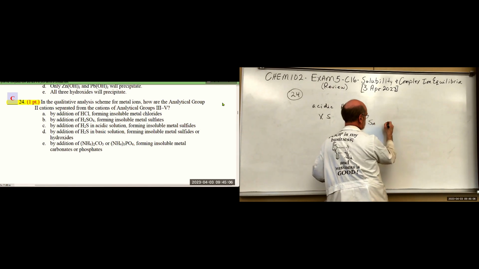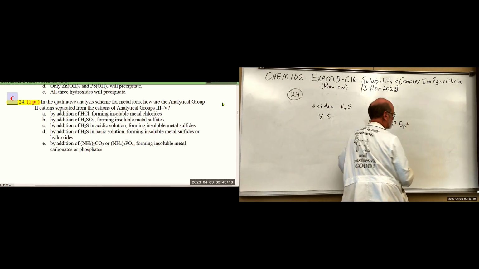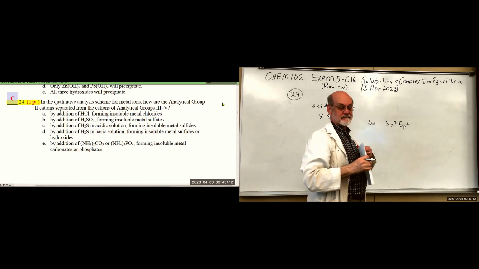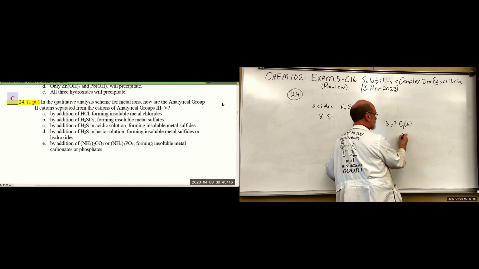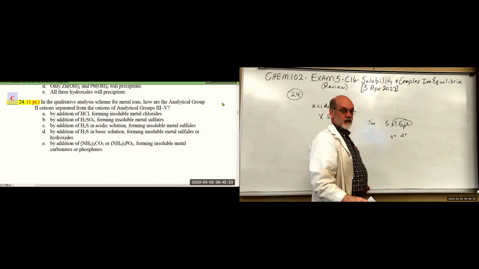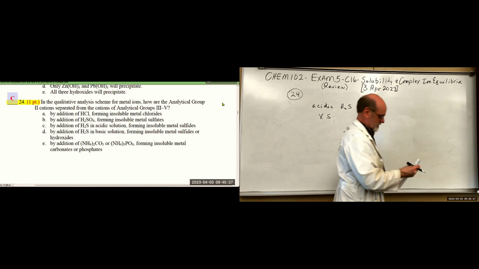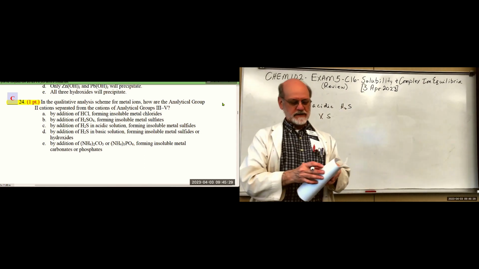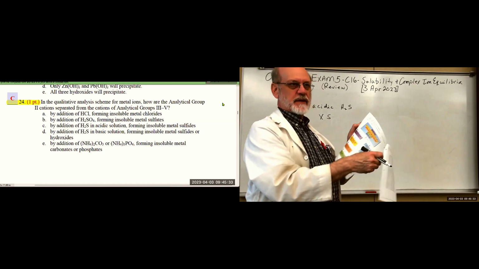For 10, it has 5s2 and 5p2 as its valence. So it can lose these two and make a 2 plus, or it can lose all 4 and make a 4 plus. That's the way it works. So that was an error in this separation scheme.